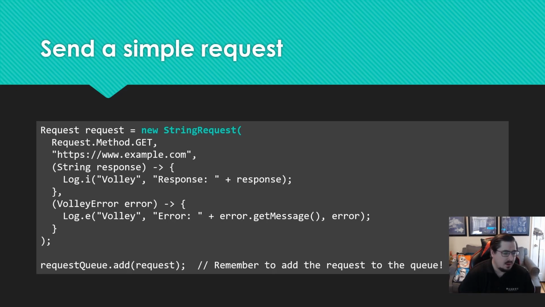Once you create the request, you also have to remember to add it to the queue. If you don't add it to the queue, it'll never run. So make sure that you do that part. That's the gist of making a simple request.